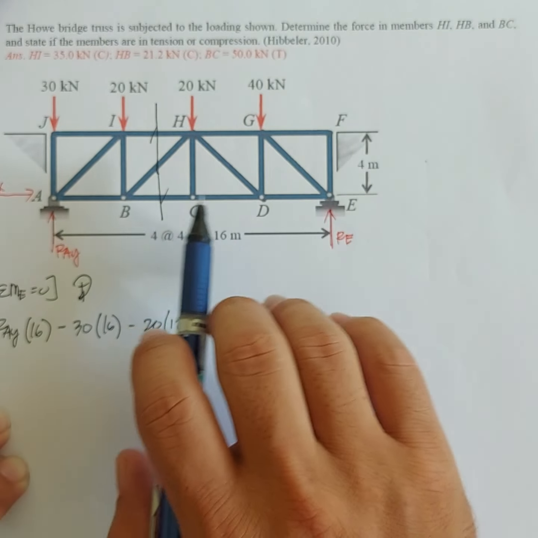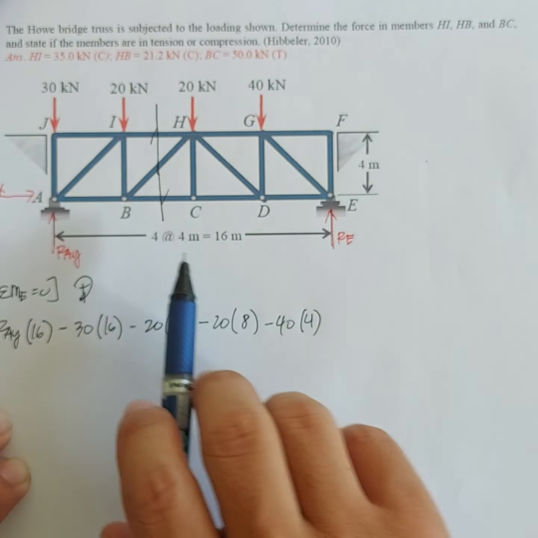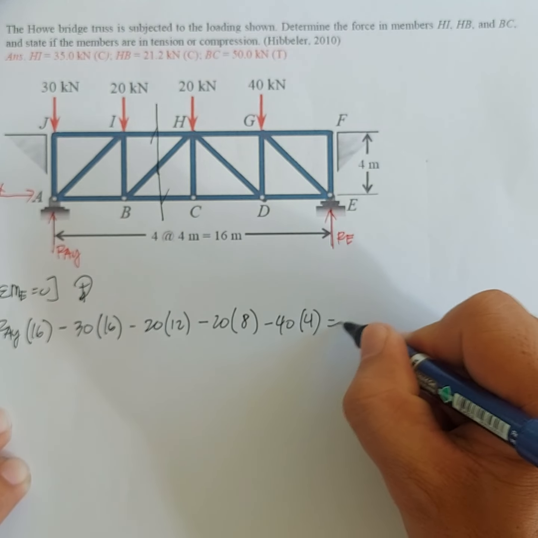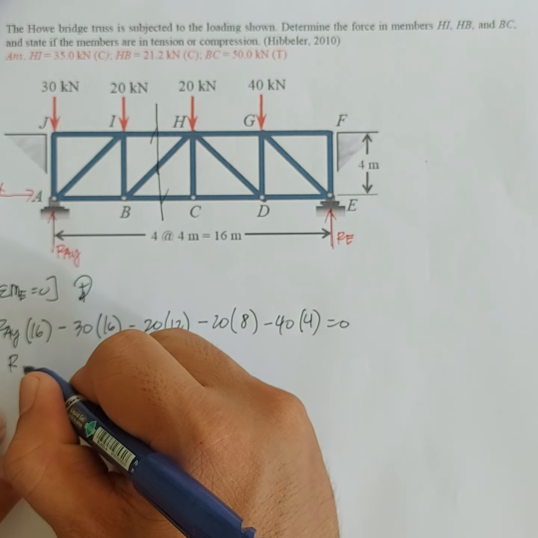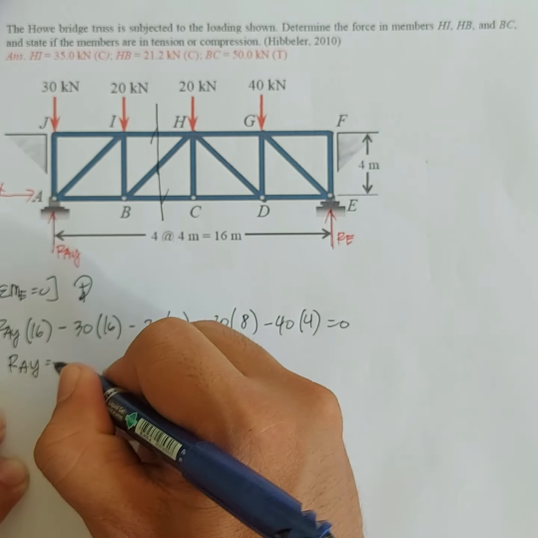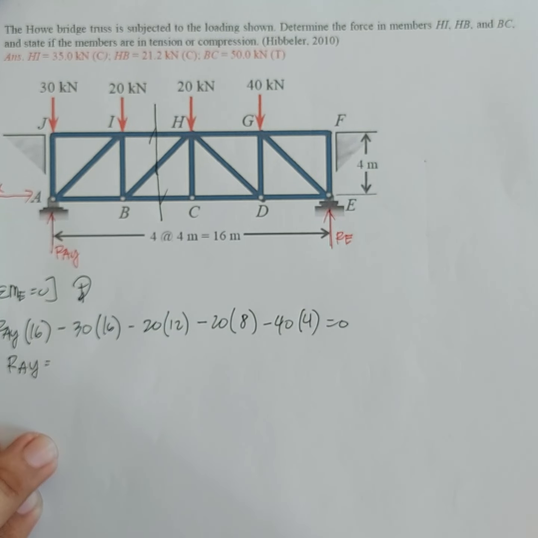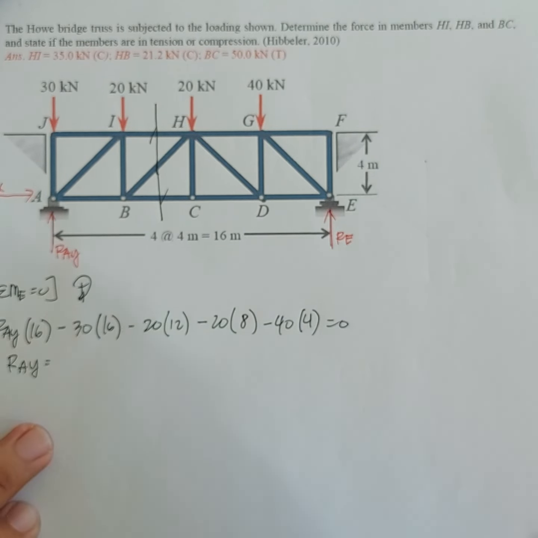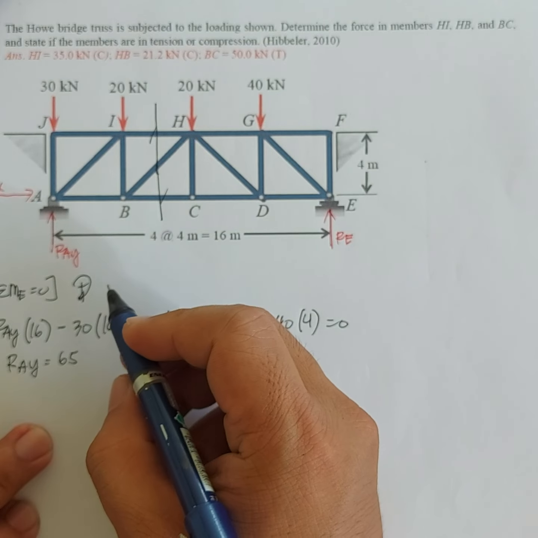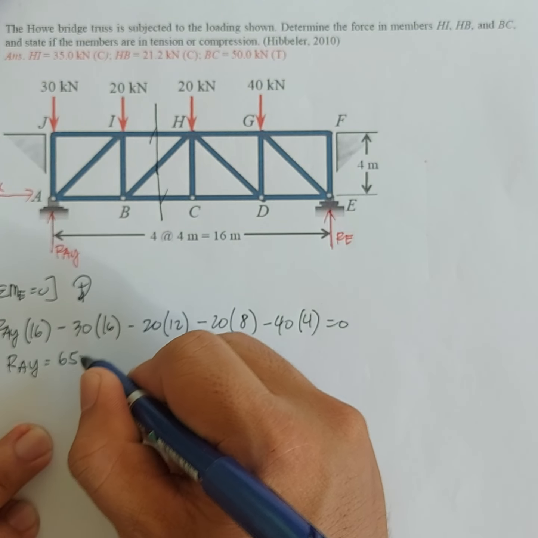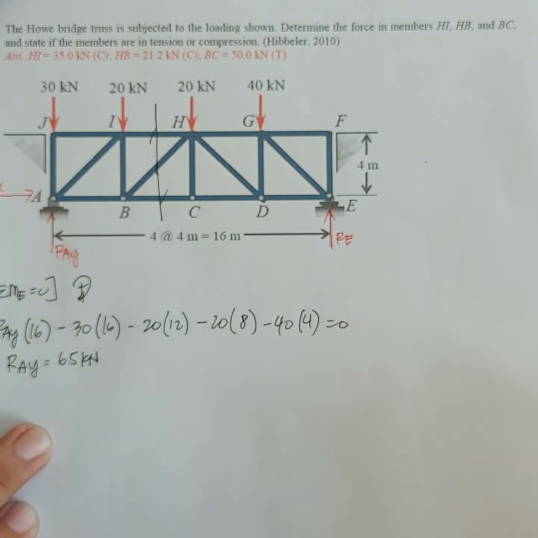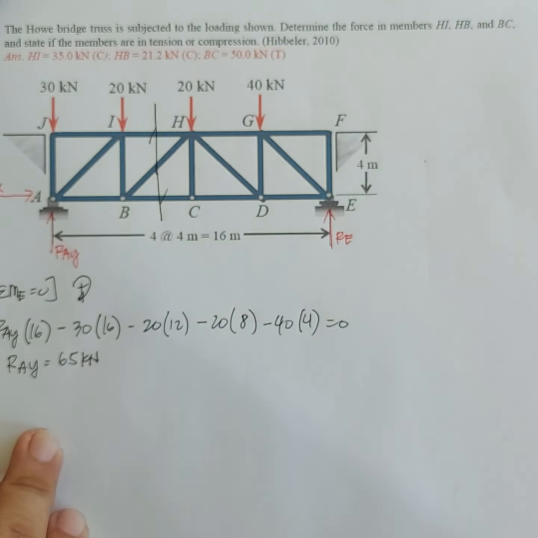Each of these bays is equivalent to 4 meters. Then equate this to 0. We can now solve for RAY. So RAY is equal to 65 kilonewtons. Yeah, so RAY is 65 kilonewtons.